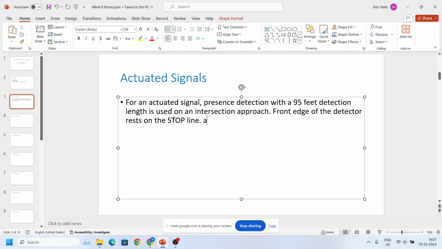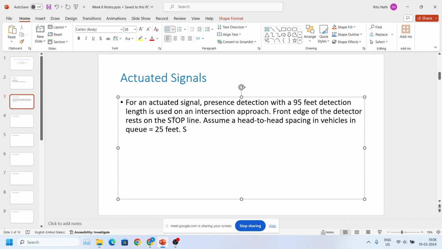So assume head-to-head spacing between vehicles in queue equals 25 feet.